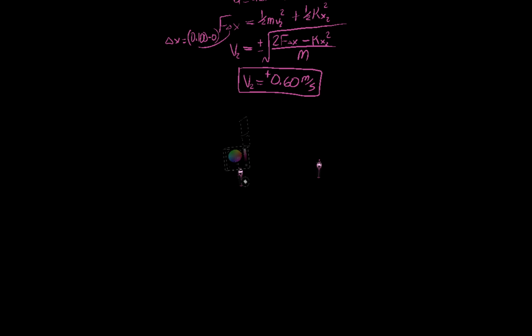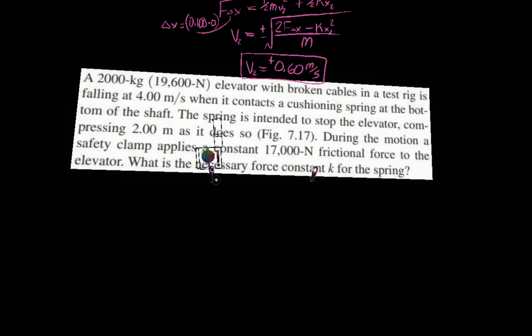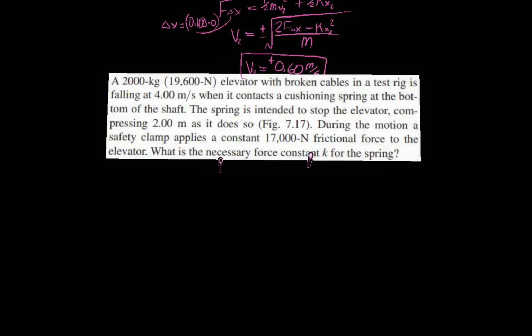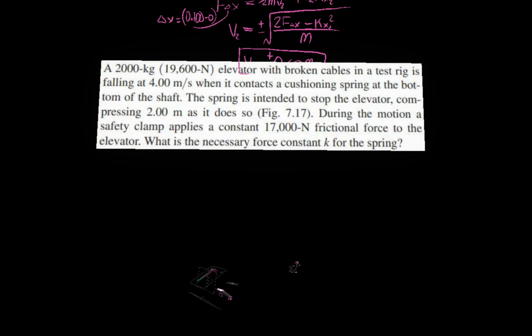All right, and then finally the last example. This is a much more complicated problem, but we can do it just fine. So we have a 2,000 kilogram elevator, and it gives you the conversion to how many newtons that is, because we're on Earth, and so it's just m times g, right?